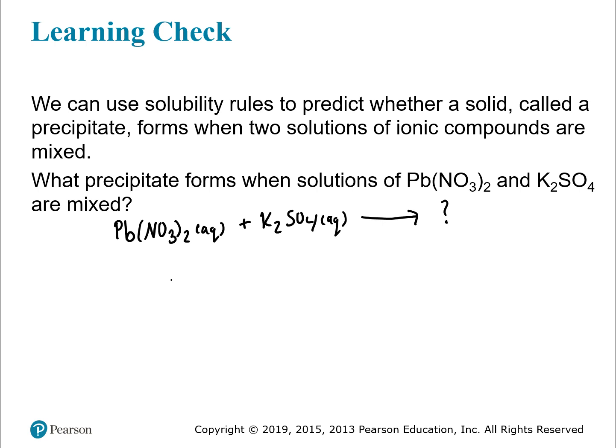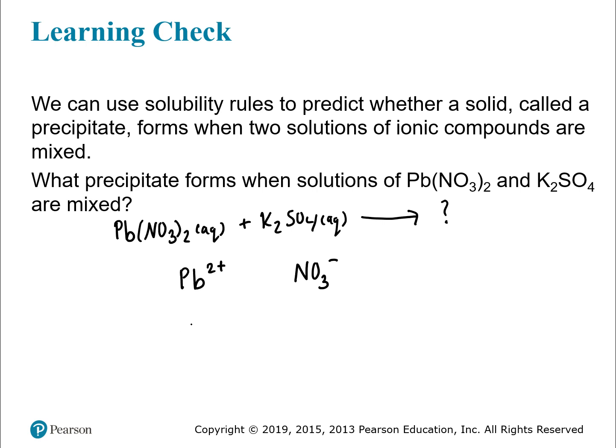When we put these solutions together, remember, ionic compounds dissolve in water when they're soluble. And if it's aqueous, they're dissolved in water. So we've got ions. For the lead 2 nitrate, we have lead 2 plus ions and nitrate ions floating around in solution.